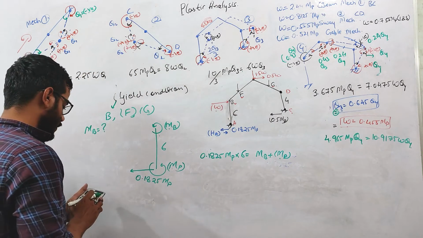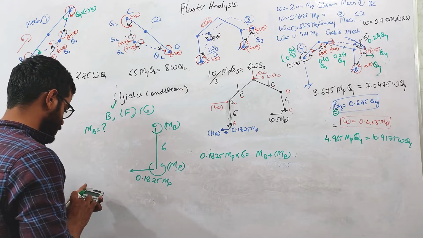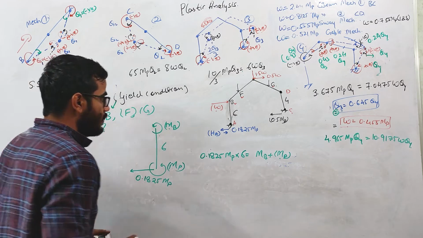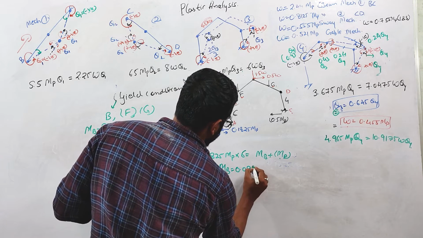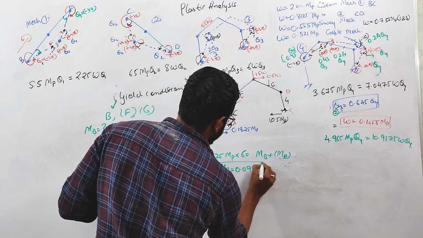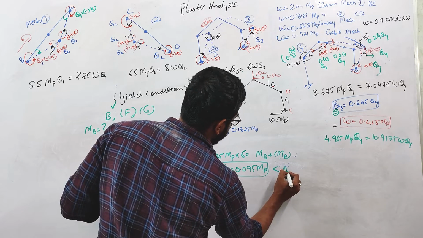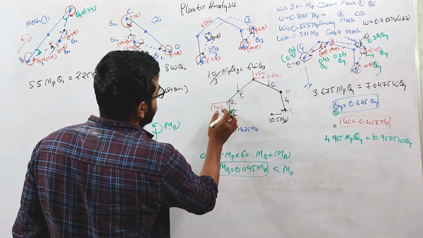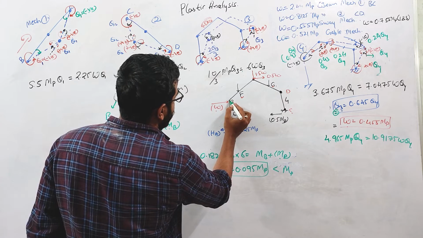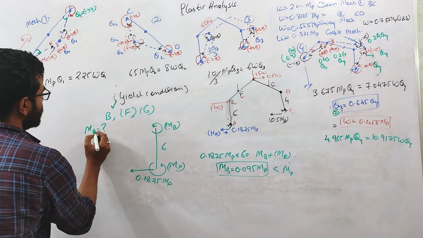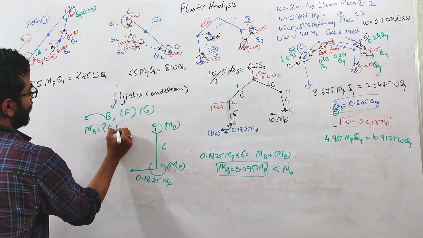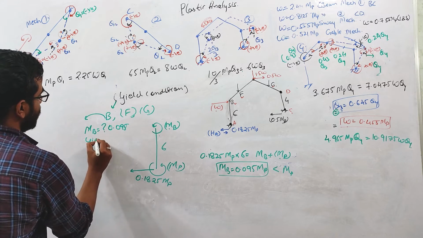From here the value of MB is 0.095 MP. This is less than MP, because the maximum critical moment at this B point will be MP. So the yield condition is satisfied at B.